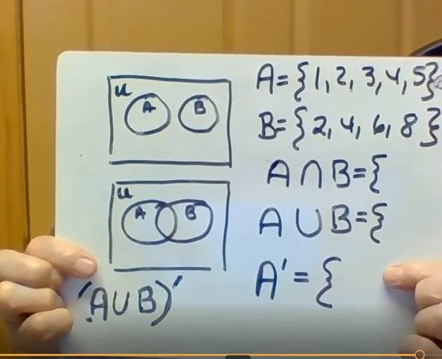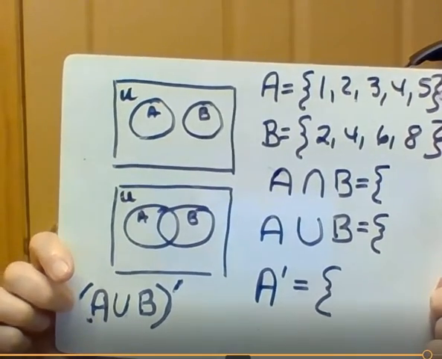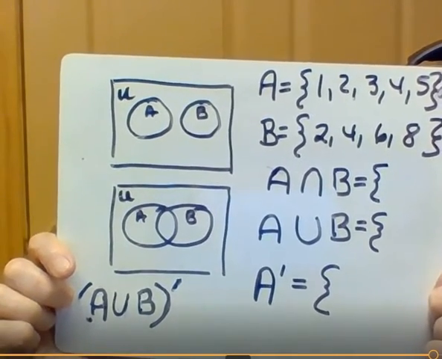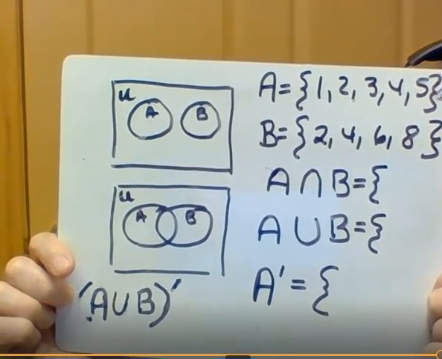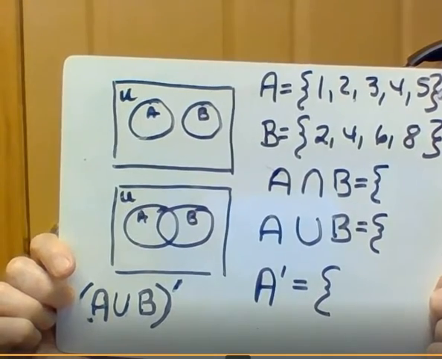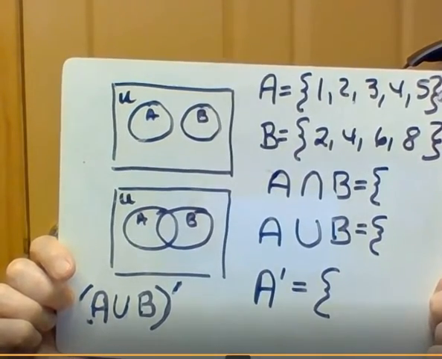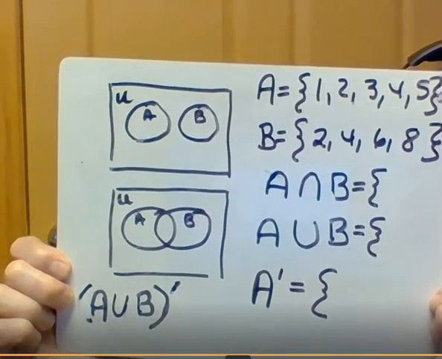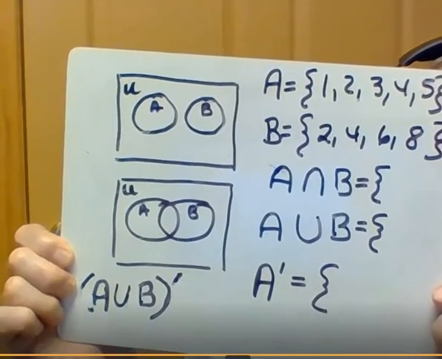Now my question is down over here. This is indicating the union of set A and B, but the complement of that, what would that be?